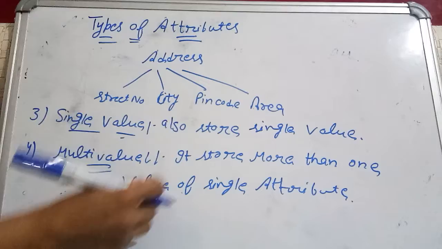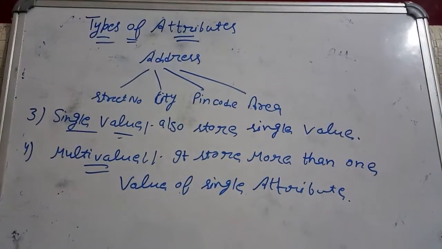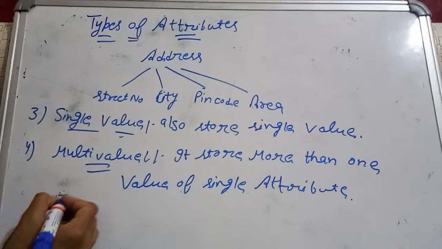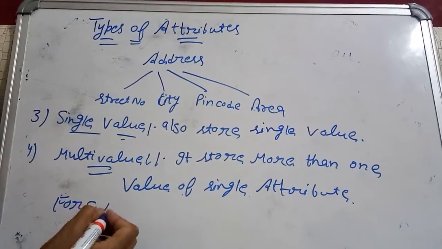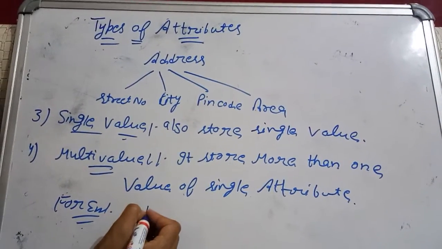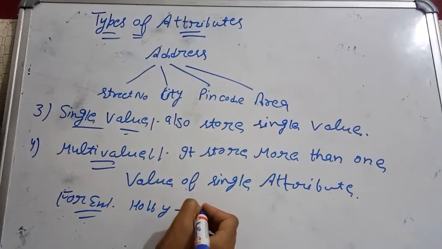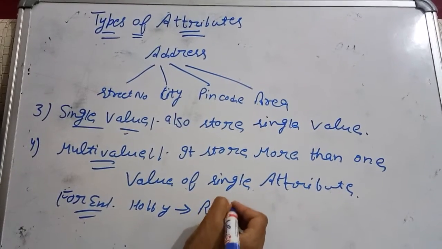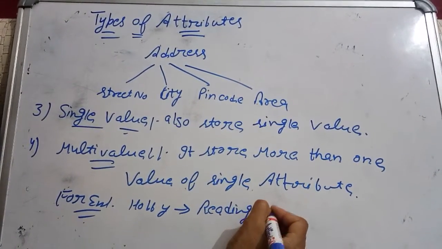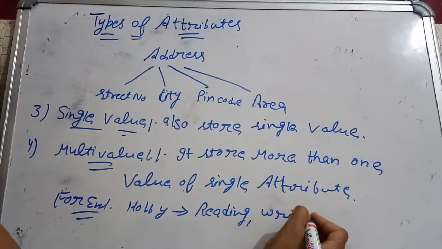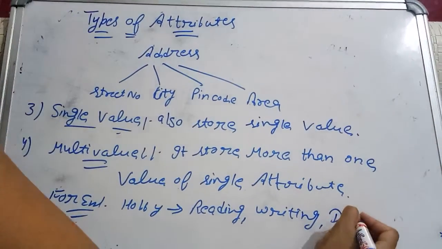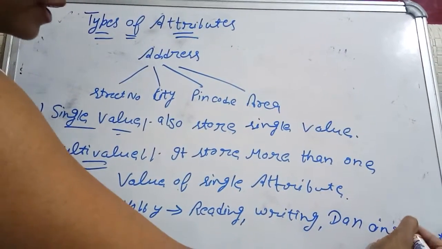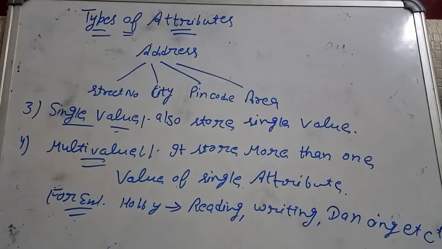Inside one attribute, it can store more than one value. For example, hobby is one attribute, and we can store reading, writing, dancing, anything. And it shows dependent existence.